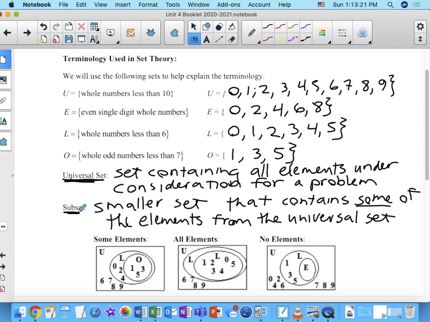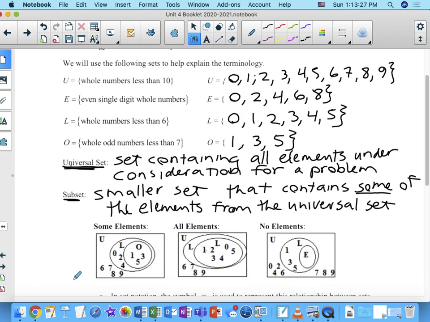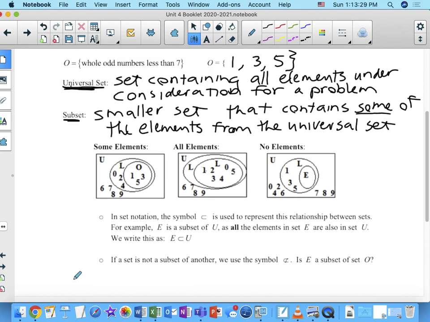Okay? Now, to show that something is a subset of another set, we use this symbol over here. It's kind of like an elongated C, and that is the notation that we use to show that one set is a subset of another set, okay?